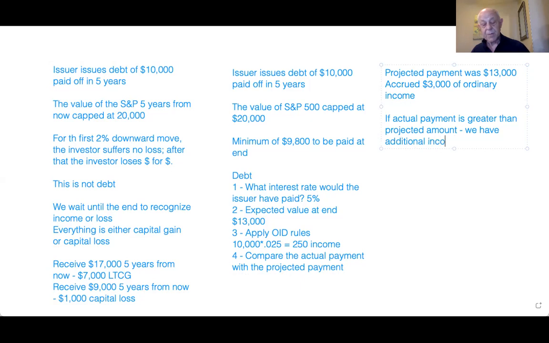And we pick it all up at maturity. We don't redo the prior years. We have additional income at maturity. And it is all interest income. Which is weird, because the reason that we're getting these large amounts is because of the movement of the S&P 500, which you would think should give rise to capital gain, but it doesn't. It's all interest income.